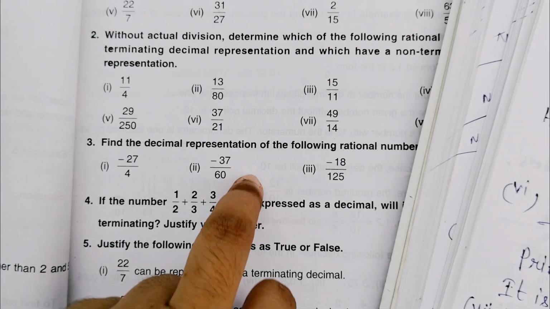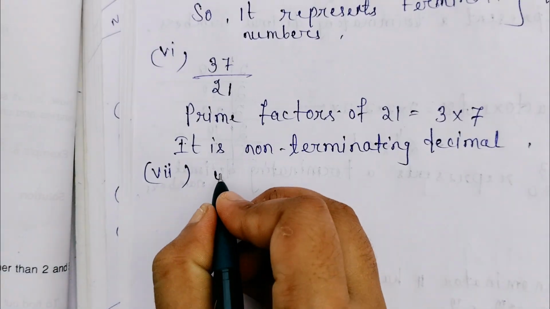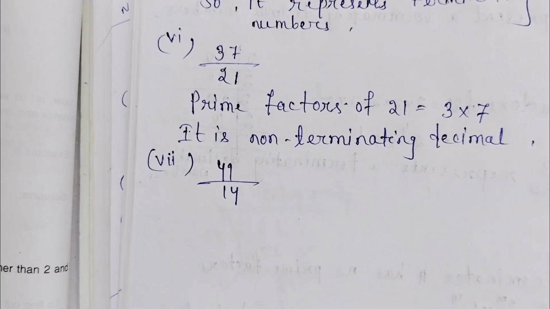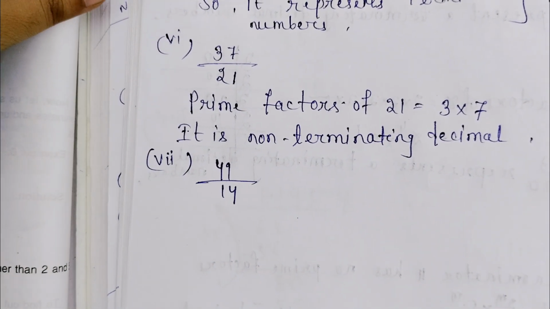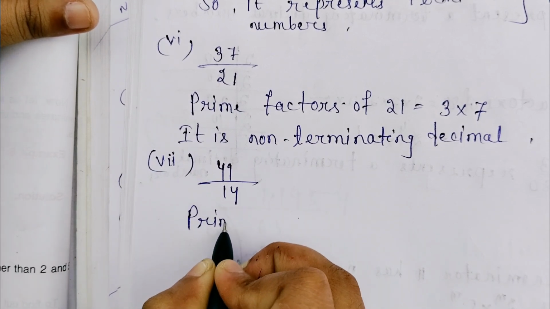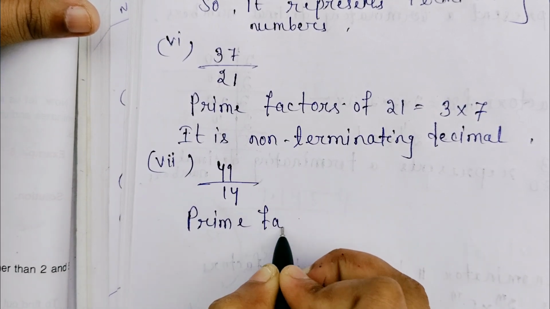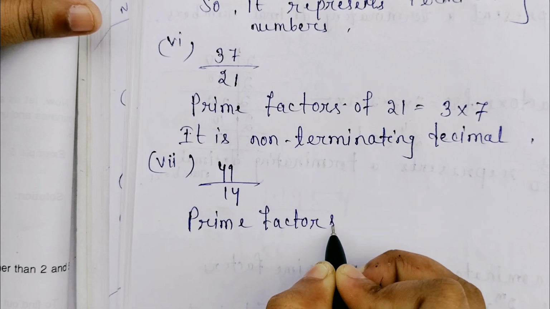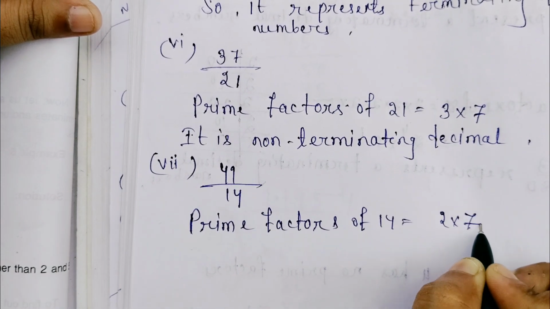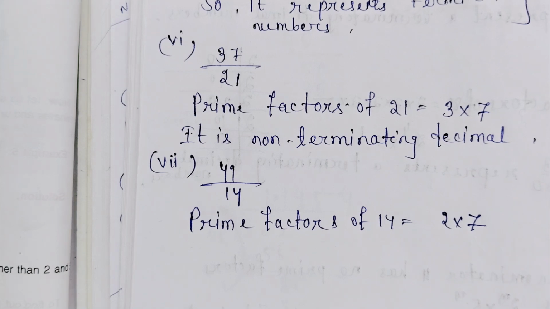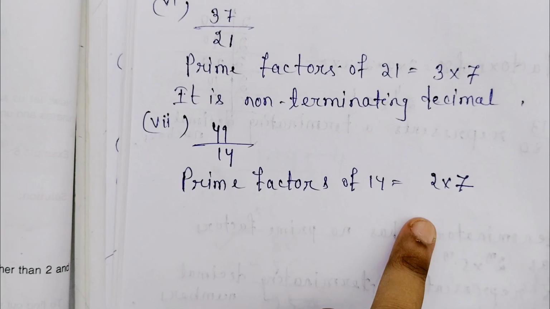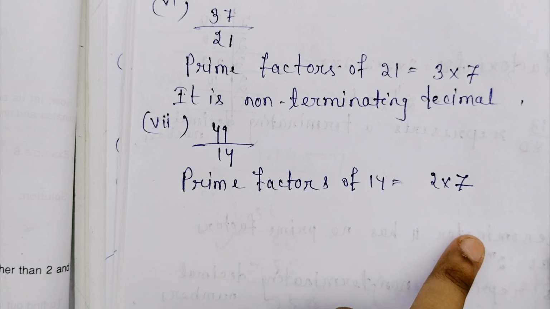The next point, VII, 49 by 14. First I write the prime factors of 14, which is 2 into 7. Prime factors of the denominator are in the form 2 to the power 1 into 7 to the power 1.